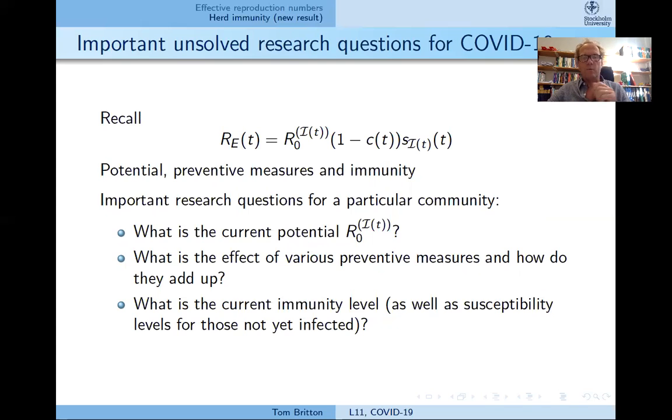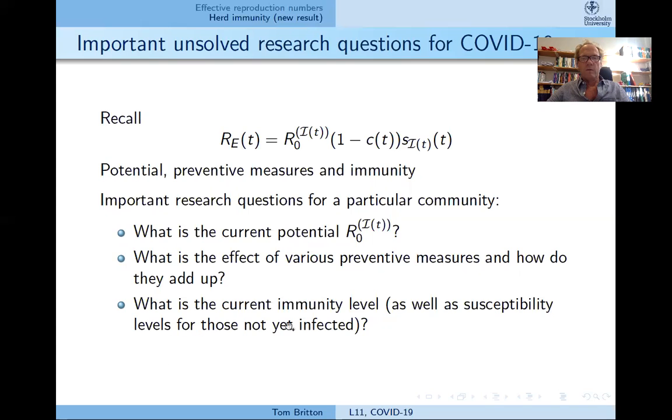So what happens if you relax one preventive measure? What happens with C? And how do they add up? For instance, if you have two preventive measures, it's not clear to me that if one has effect 10% and the other one also has effect 10%, that if you do both, the effect will be 20%. Maybe they overlap somehow.